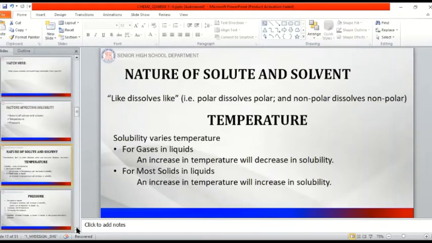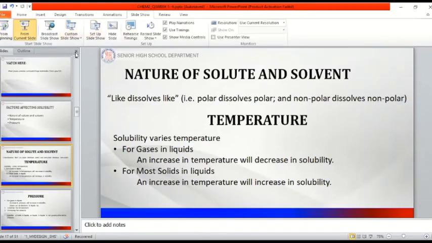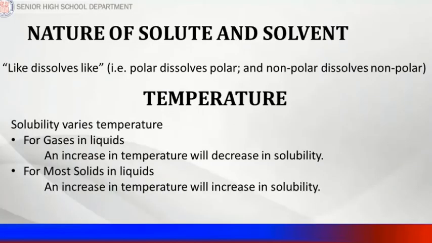With the nature of solute and solvent, it's more on the saying "like dissolves like": a polar substance can dissolve in a polar solvent, and a non-polar substance can dissolve better in a non-polar solvent. So that is the rule for polarity.